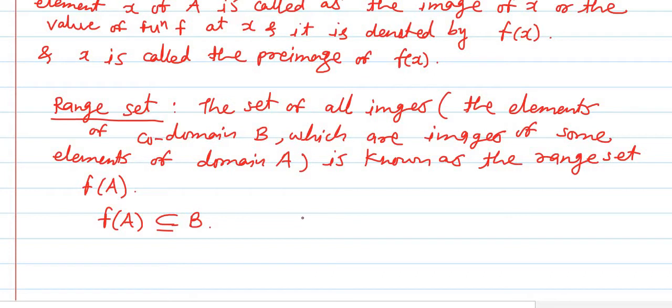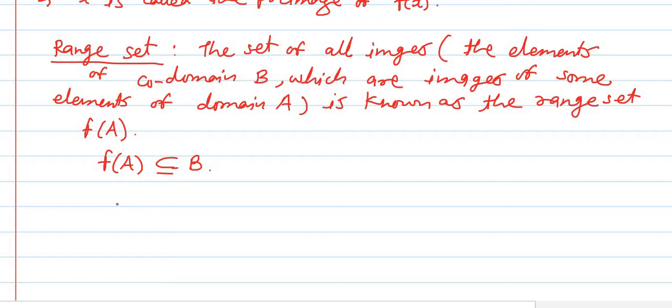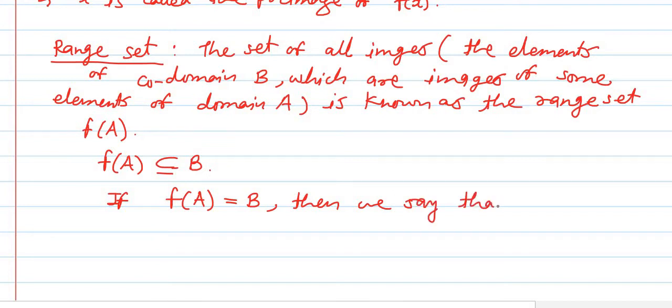One important point: if the range set is equal to the codomain, then we say that the mapping F is onto B.